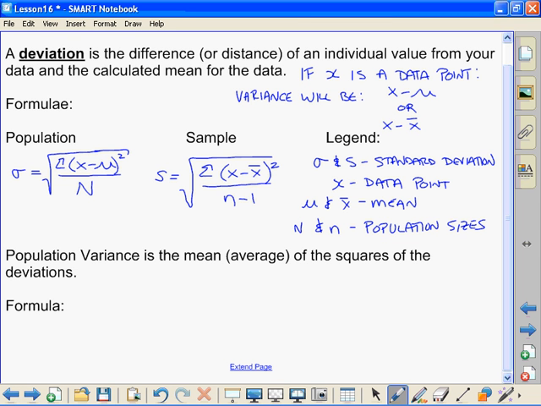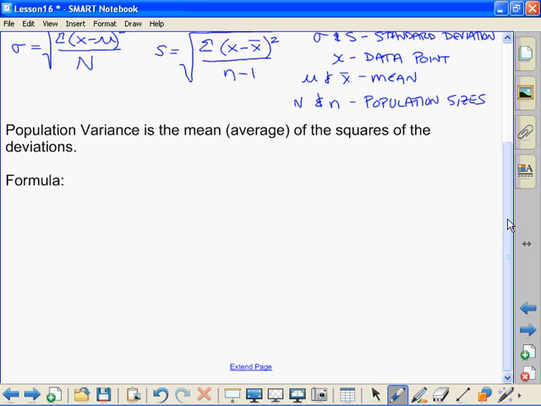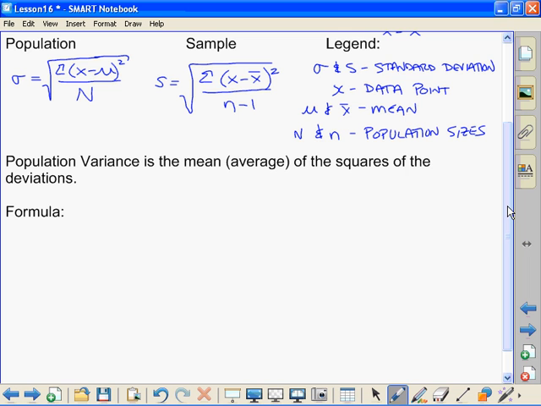Now, population variance is the mean average of the squares of the deviations. What exactly does that mean? Quite simply, you take your standard deviation, the two formulas we just talked about, and you simply square it. So we're looking at sigma squared. That just eliminates the square root sign.